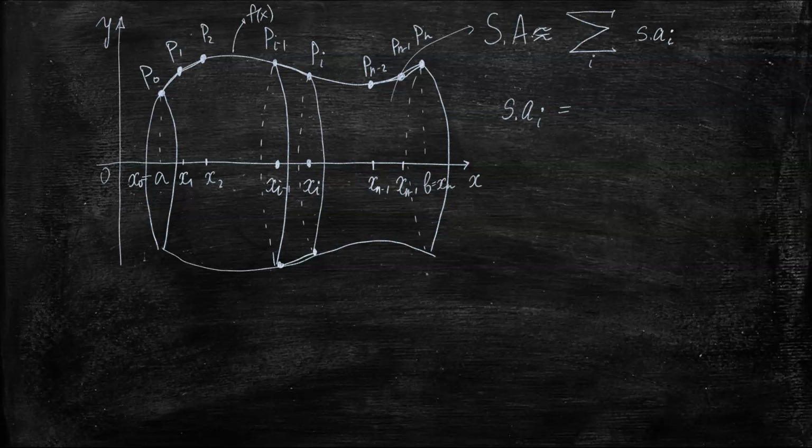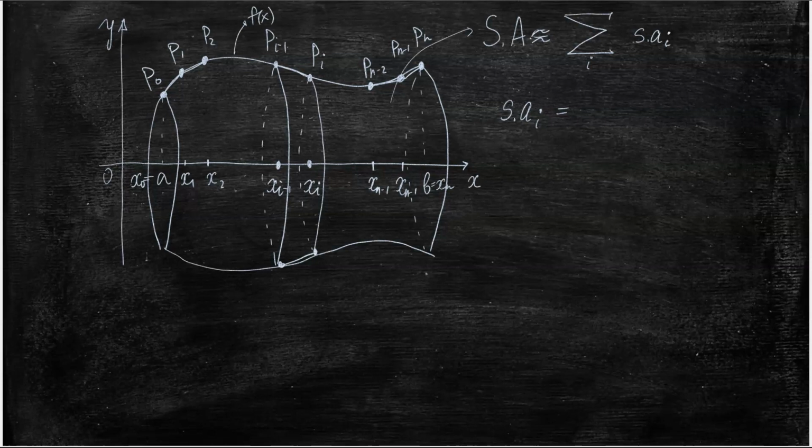In our case, one of the radii is f of x i, and the other radius is f of x i minus 1.